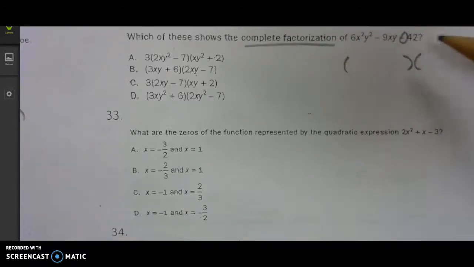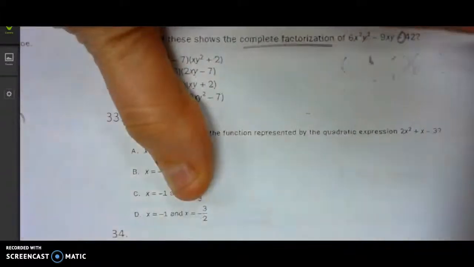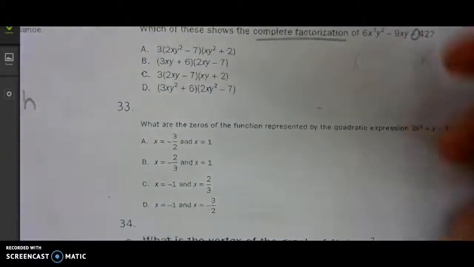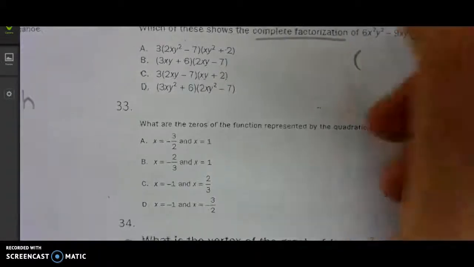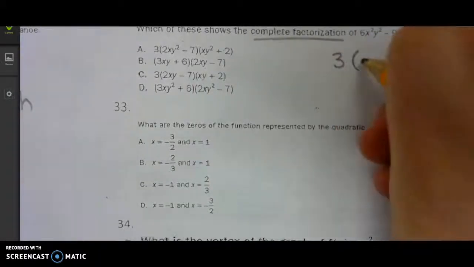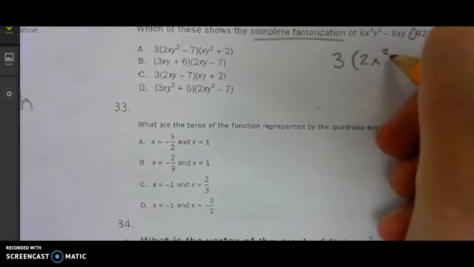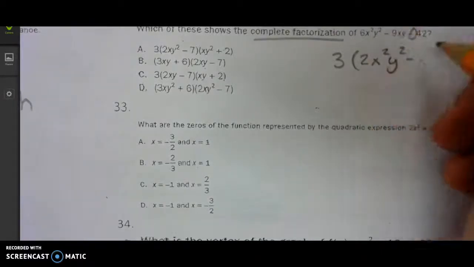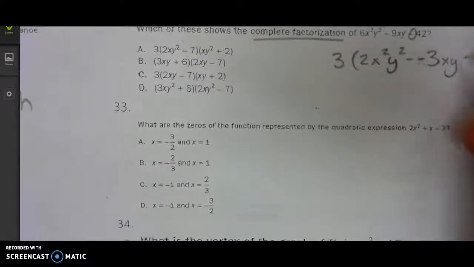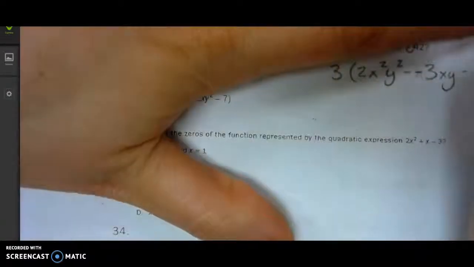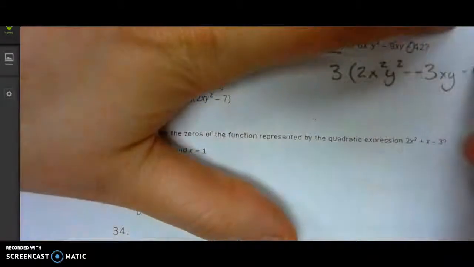So 6, 9, and 42, those are all going to be divisible by 3, so I'm going to step back a step first and just go ahead and take that 3 out. Then we'll do the next step. So 3 times 2x squared y squared, minus 3xy, and 42 divided by 3 is going to be 14.